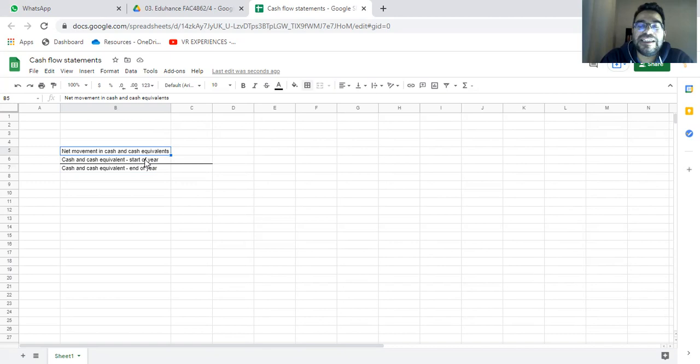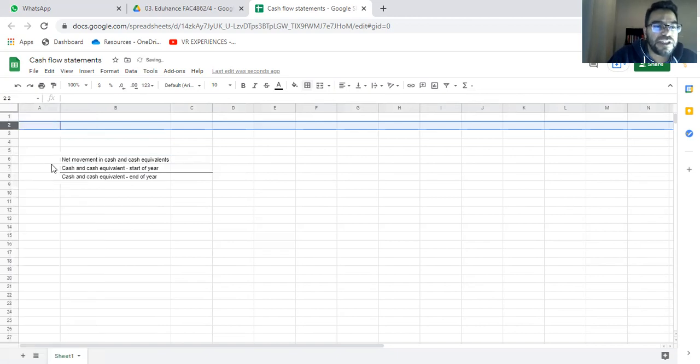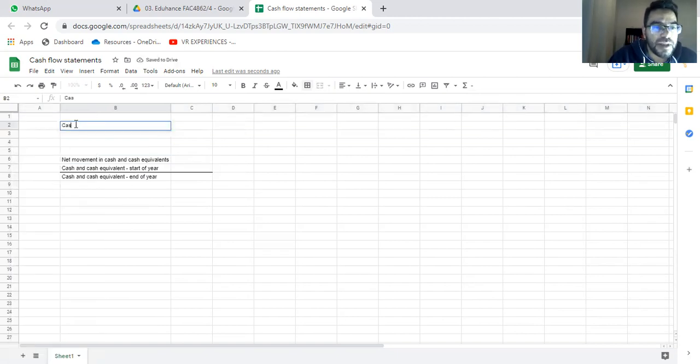The net movement is split into three phases, or as accountants call it, three activities. So what are the three activities?